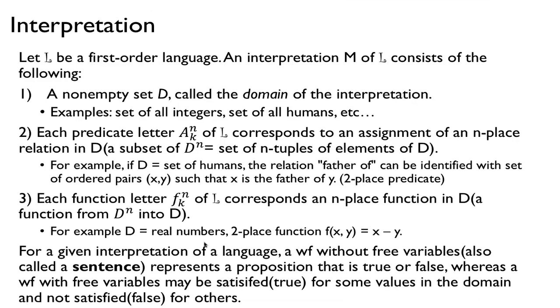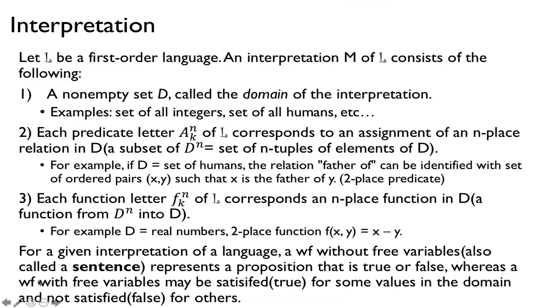Given an interpretation of a language, if you have a well-formed formula without free variables, called a sentence, just like a sentence in propositional logic, this would be a sentence in first-order language. It basically represents a proposition that is either true or false.